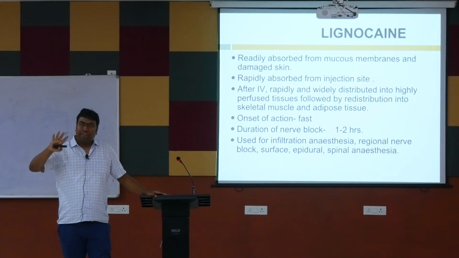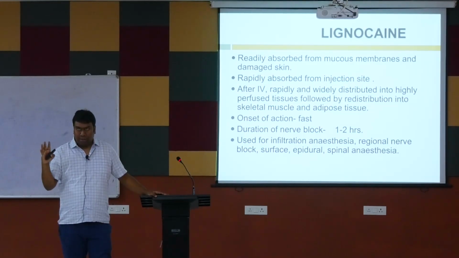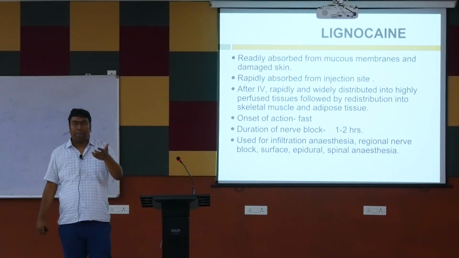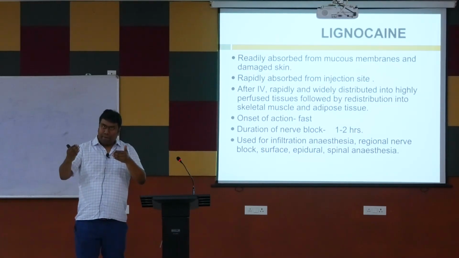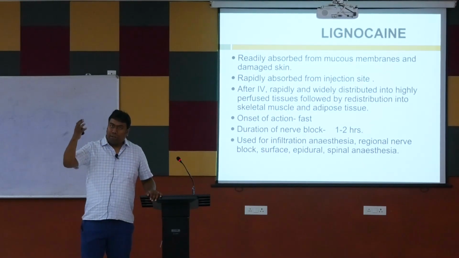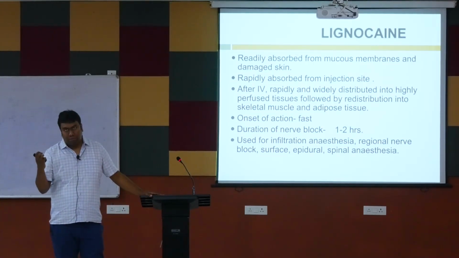The action of this drug starts in that organ. That means primarily the CNS, one of the most perfused organs. They go into the CNS and start their action. Now from the brain to the blood, the concentration of the lignocaine inside the brain will be reduced. Clear how it happened?